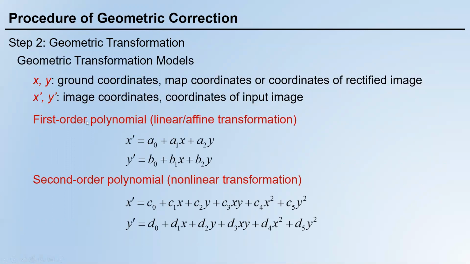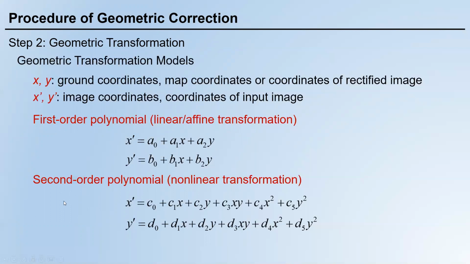So we can use first order polynomial or linear transformation. x prime and y prime, their relationship can be addressed here. Usually we put x, y here as the result for this equation set, but similarly, we can use x prime and y prime as outputs, as long as this equation set is established.